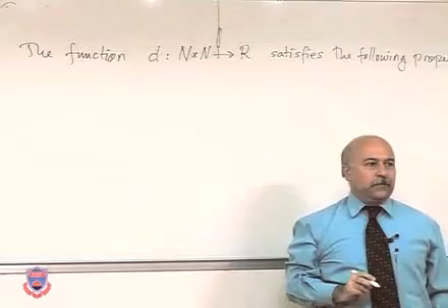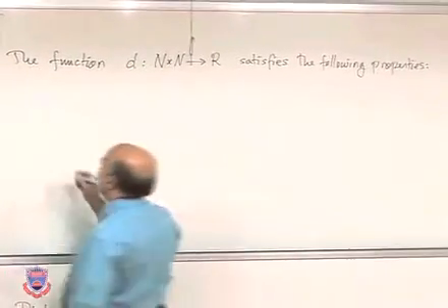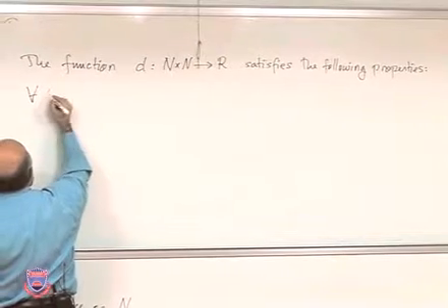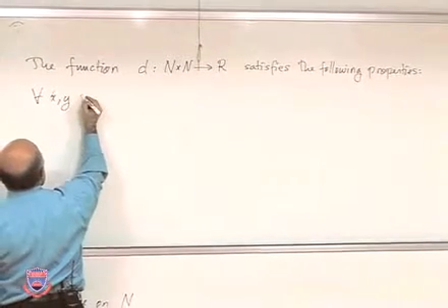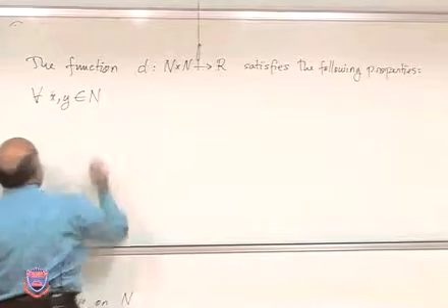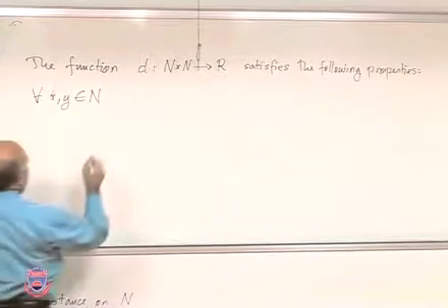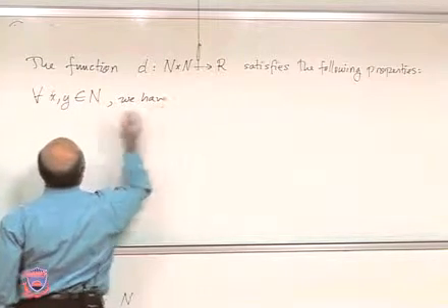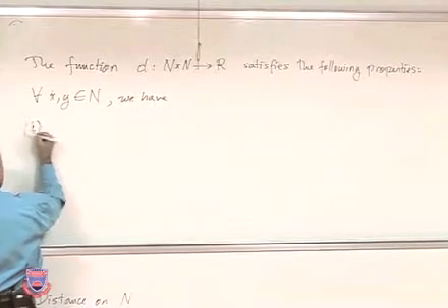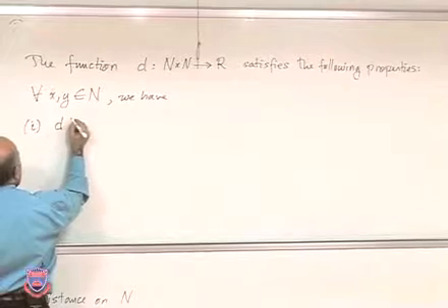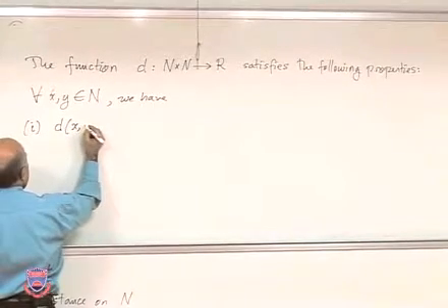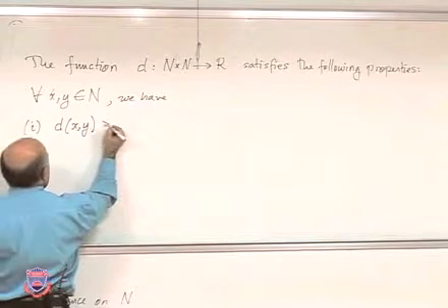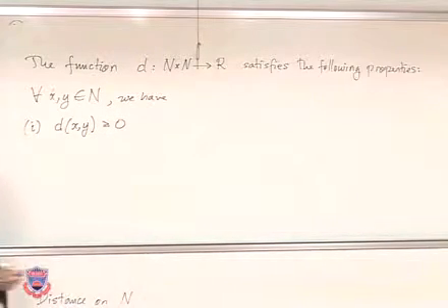There are three important properties it satisfies. For every pair of points x and y picked from the point set N, we have number one property, the value assigned to d(x,y) is always non-negative.